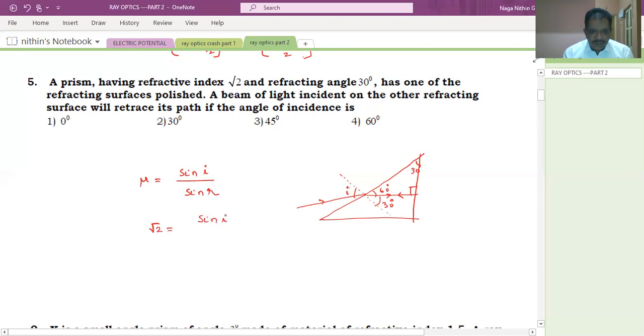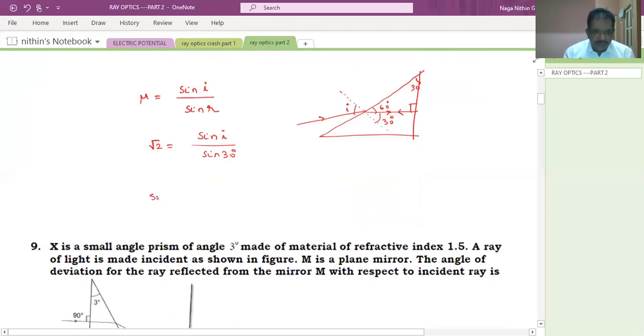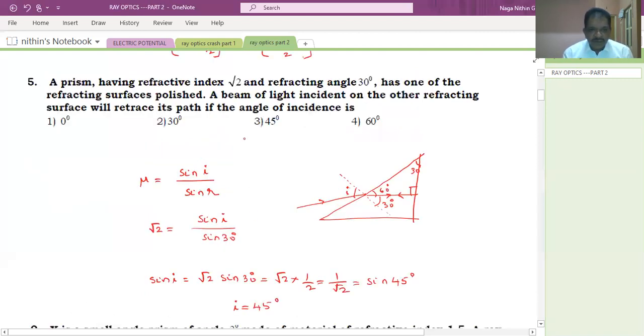This is sine I. This is sine 30 degrees. So sine I value will be √2 into sine 30, √2 into 1 by 2. This value is 1 by √2. This is sine 45 degrees. I is equal to 45 degrees. Okay.